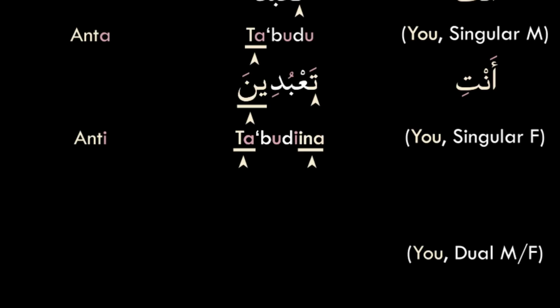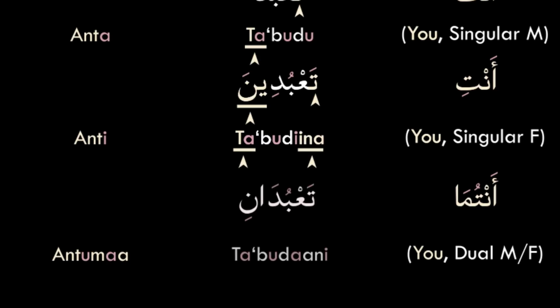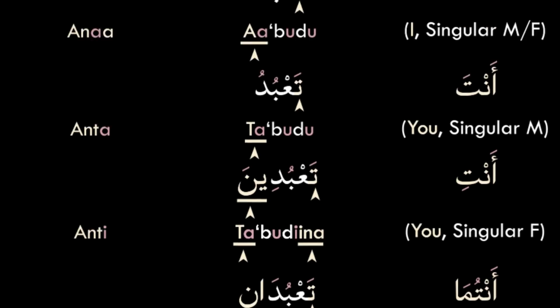This pronoun is أنتما, so we say أنتما تعبدان. Notice that we add ta in the first to indicate that I talk to you, and alif and noon in the end to indicate that you are 2 persons, either male or female.